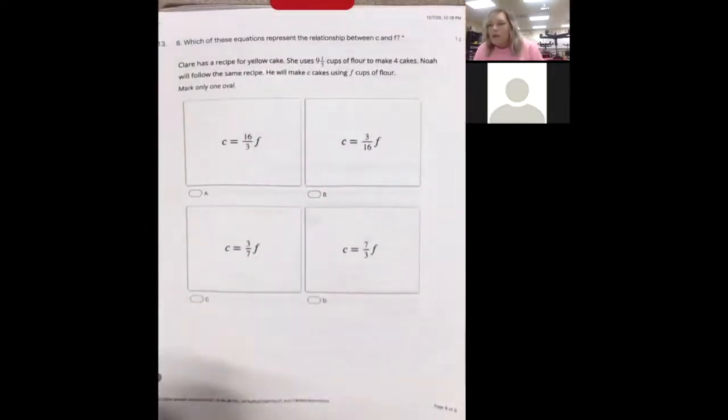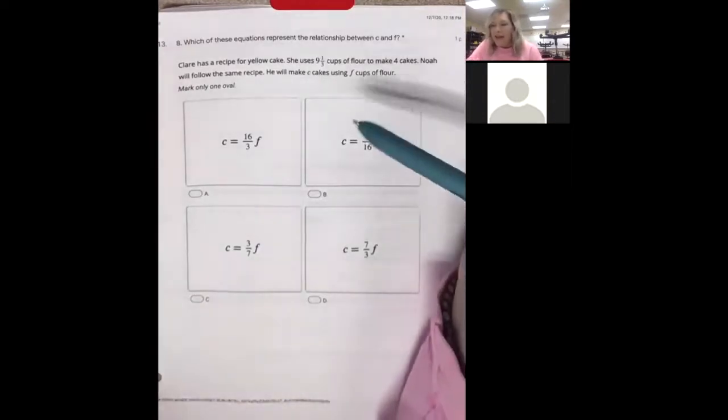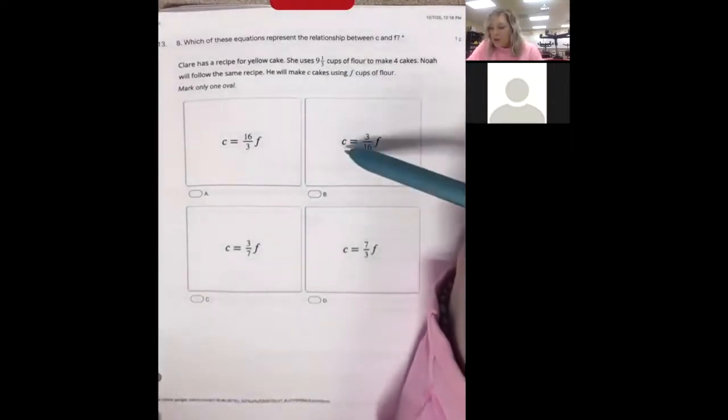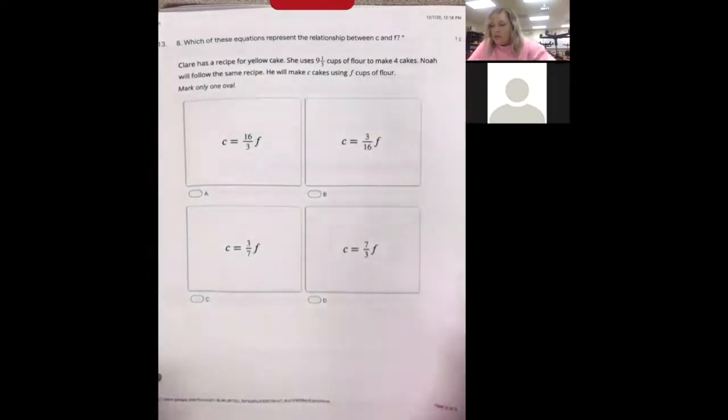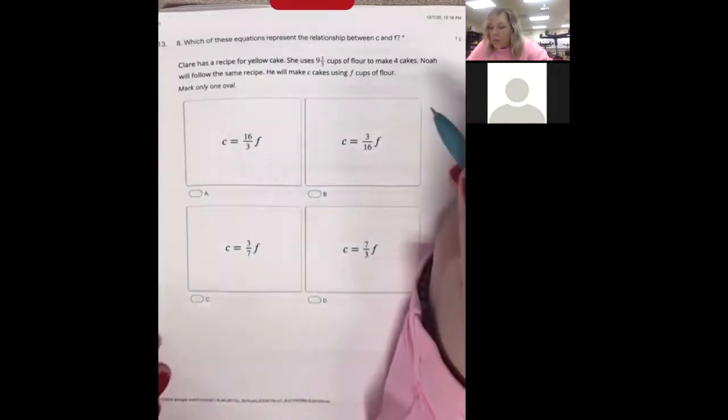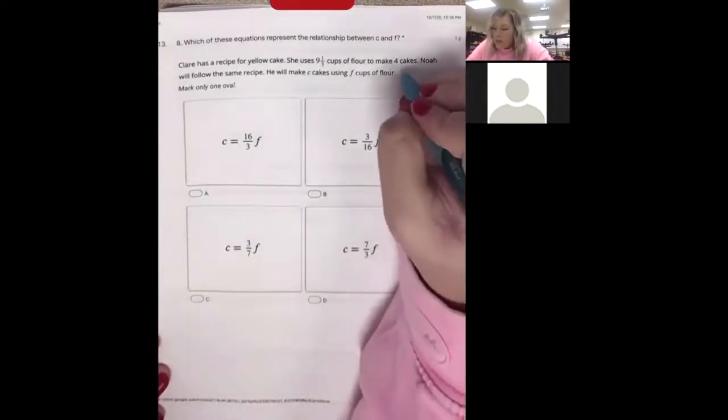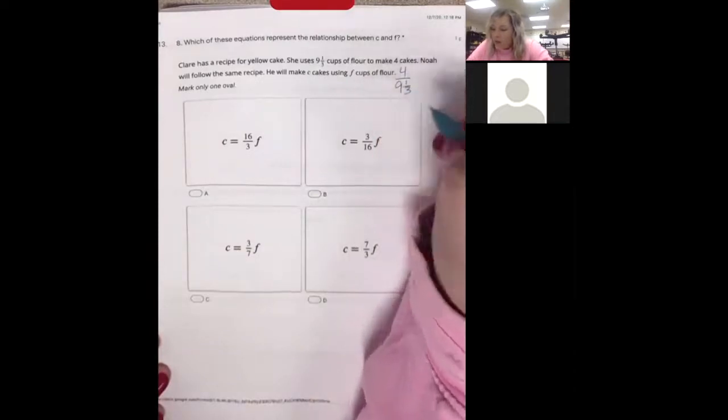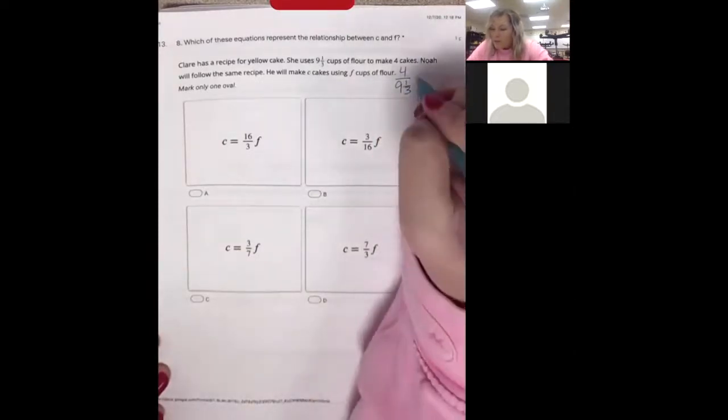Okay, so this one's the same as the first question, except now we're using cakes instead of bread. So these are all C equals. So we would want to do cakes divided by flour. So we have 4 cakes per 9 1/3 cups of flour.